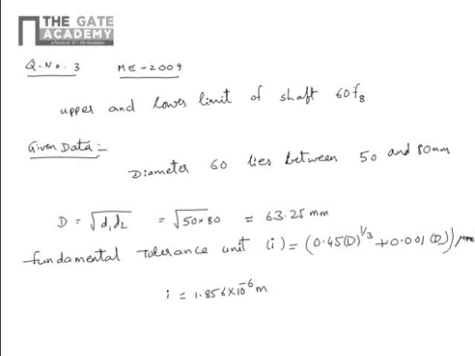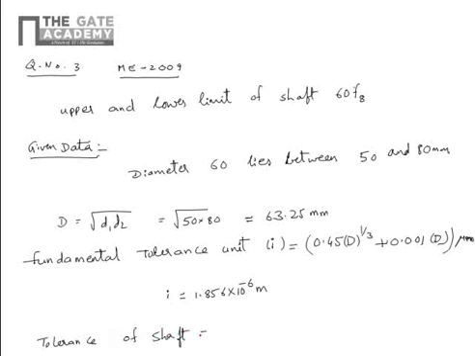So he has also given tolerance value for IT8. As we have seen, F8 means IT8. So tolerance value of shaft equal to IT8, that is equal to 25I from the design handbook.